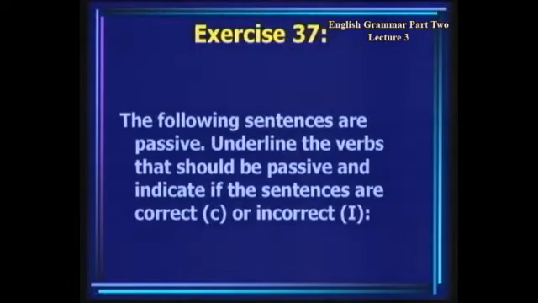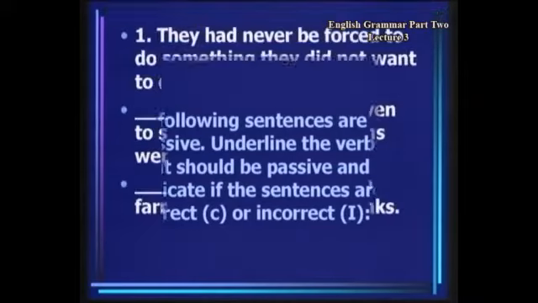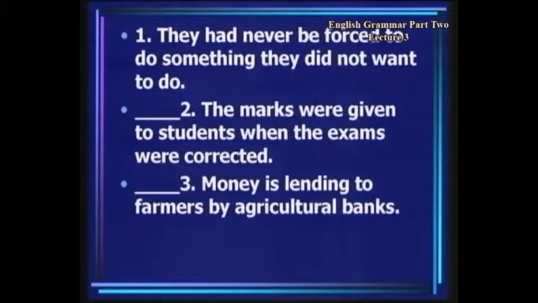Let's look at exercise 37 then. The following sentences are passive. Underline the verbs that should be passive and indicate if the sentences are correct or incorrect. Let's look at number 1. They had never be forced to do something they did not want to do. Right. They is a passive.